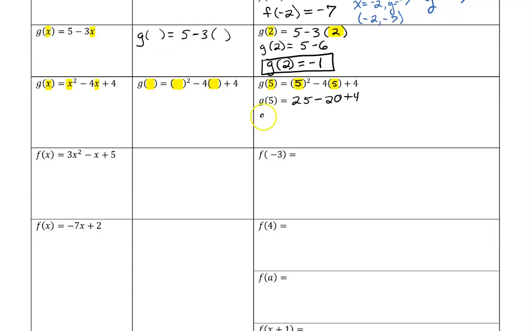And then we'll have g of 5. Let's see, 25 minus 20, well, that's 5. Plus 4, that's my last piece here, and 5 plus 4 is 9. So g of 5 is equal to 9. The y value is equal to 9 when I plug in an x of 5.